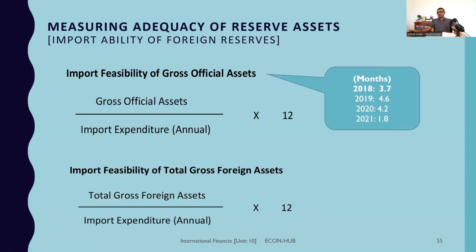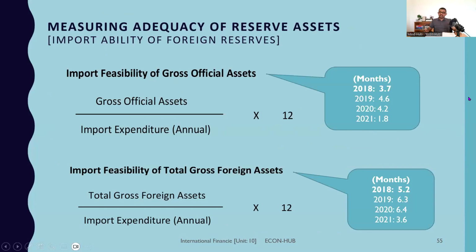Right. Can you guys write these formulas, please? These two. And the stats also, if you can make a note, 2022, you have to write. You can find it from the bank report. Definitely, it's not difficult. So first we look at import feasibility of gross official assets. Gross, before subtracting liabilities, and official, meaning central bank and the government. So gross official assets divided by annual import expenditure.